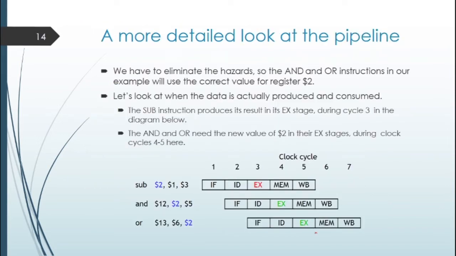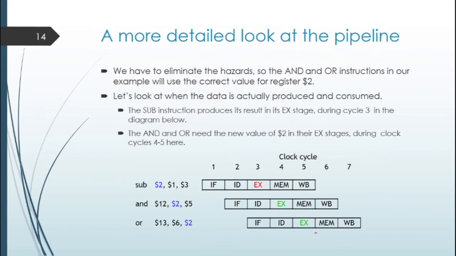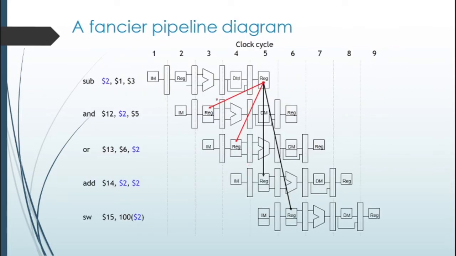A more detailed look, let's see how the pipeline works. For the sub instruction, the operation register 1 minus register 3, that will be done in this third clock cycle, which is the EX stage.